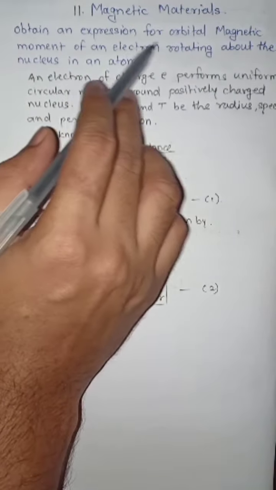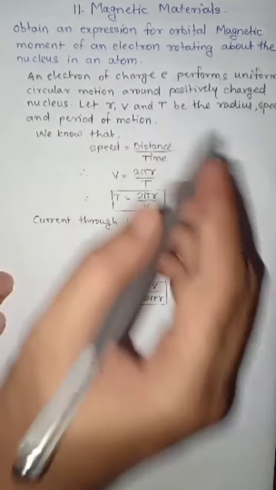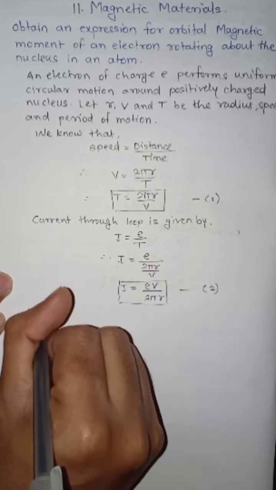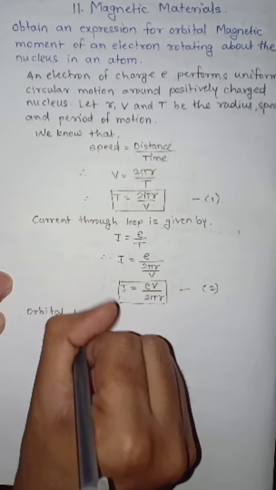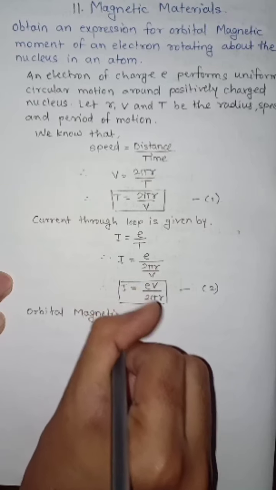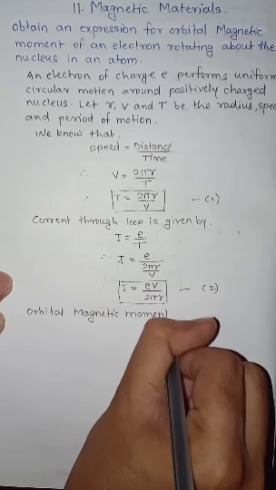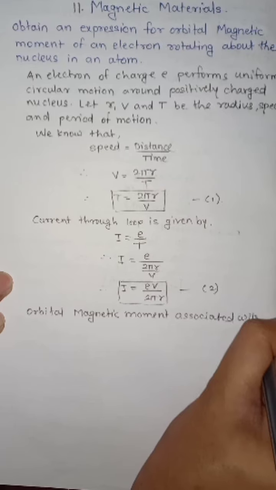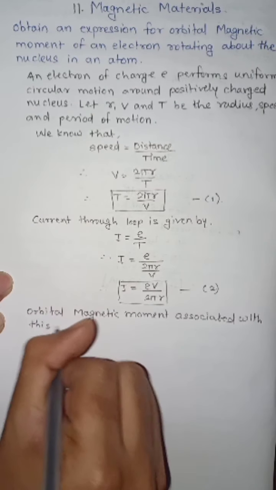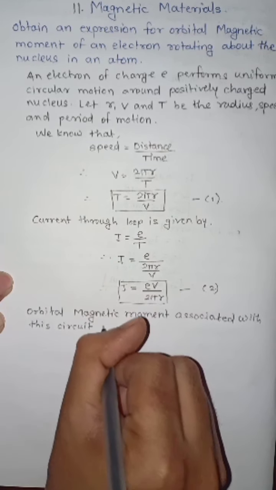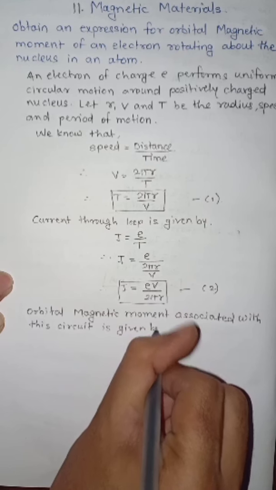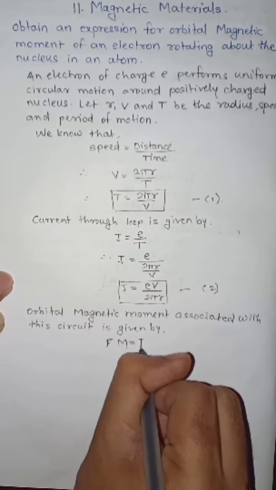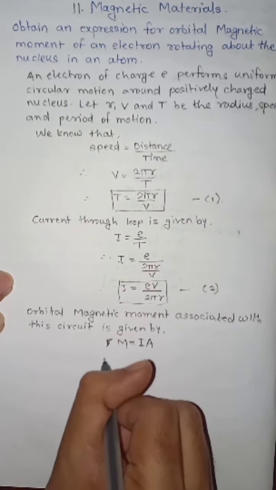We have to find the expression for orbital magnetic moment. The orbital magnetic moment associated with this circuit is given by m is equal to I into A. So this is the orbital magnetic moment.